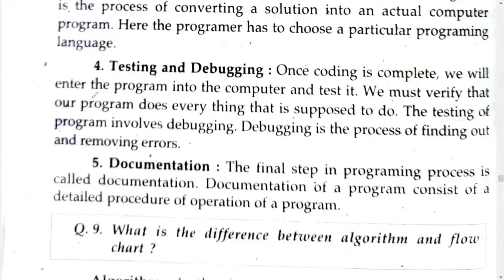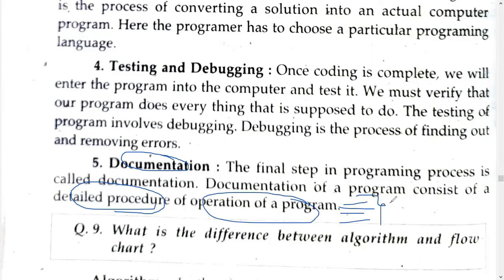Next one is documentation. Once the program is successfully executed, the final step in the programming process is called documentation. Documentation of the program consists of a detailed procedure of operation of the program, how each step is executed, which steps take care of which purpose to execute the program. Everything is documented.